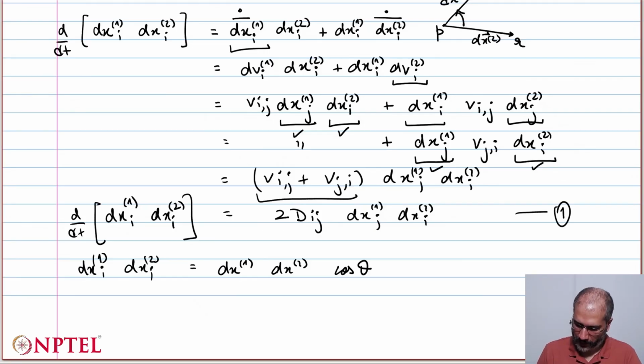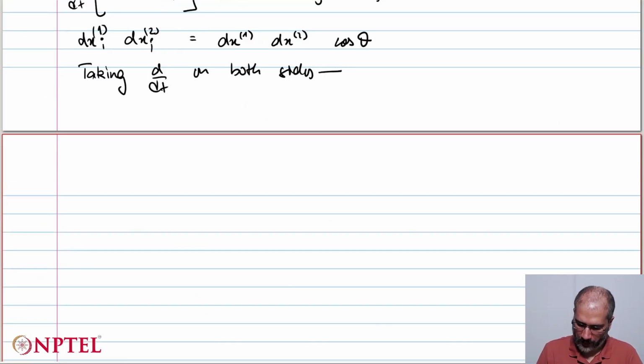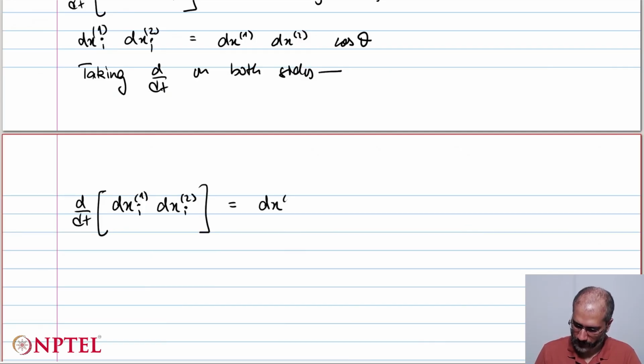So now if I take a time derivative of both sides, it gives us d by dt of this quantity dx1i dx2i, and on the right hand side we can apply the chain rule. It becomes dx1 dot dx2 cos theta and so on.